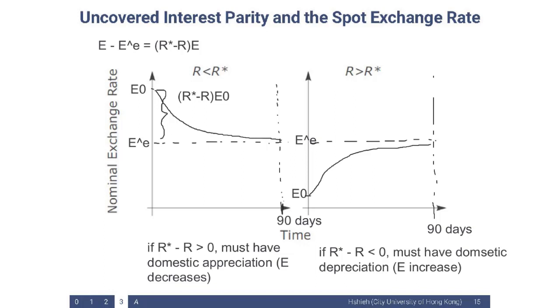So in this case, if R star minus R is greater than 0, then we must have domestic appreciation. So E decreases.